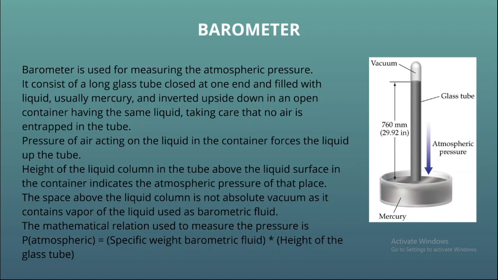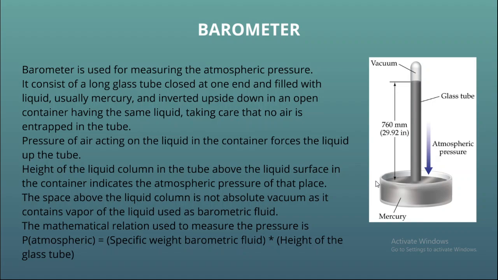So even if you want to calculate the atmospheric pressure using alcohol or water as a gauge fluid, what you have to do is add another factor in this equation, and subtract the vapor pressure of the gauge fluid at that particular point, so you can easily get the exact value.